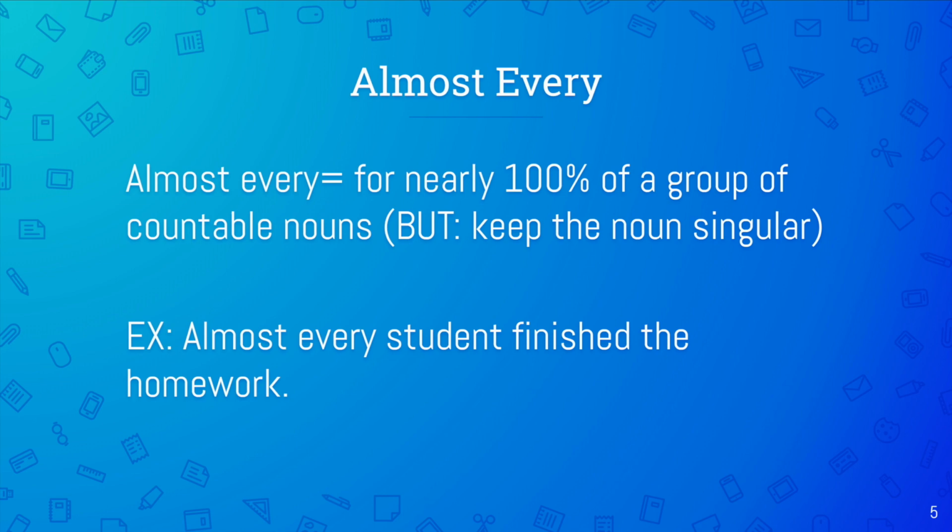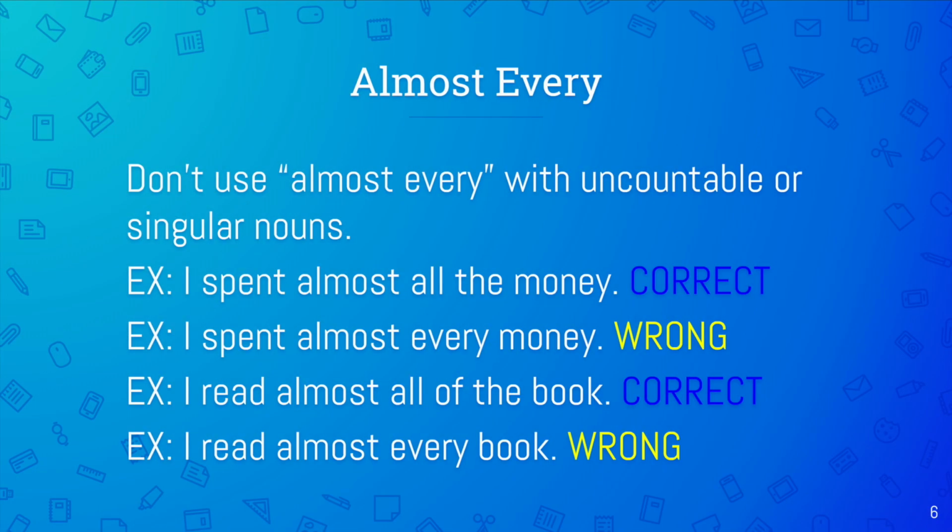And this is true whenever you use the word every. You always want the noun to be singular, not plural. And, like I said, you should only use this with groups of countable nouns. Don't use every with uncountable or singular nouns.